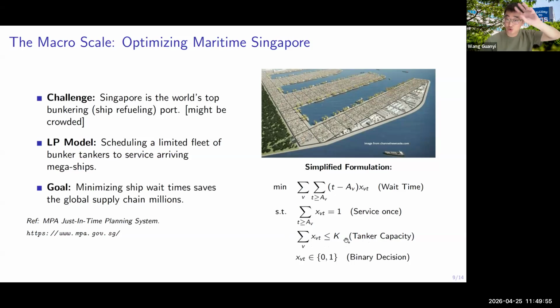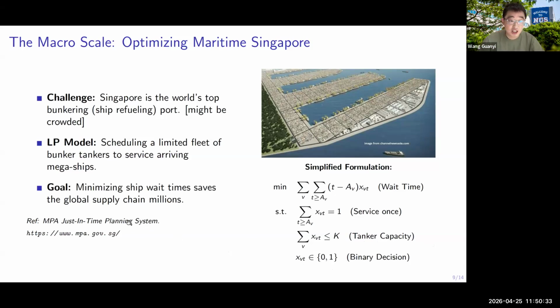If the left-hand side is strictly greater than the tank capacity, then there are no resources, no filling oil, so this tanker could be temporarily closed. And the last constraint, other than the previous cases, is greater than or equal to zero. Here we just make them binary. So this is a simplified formulation.